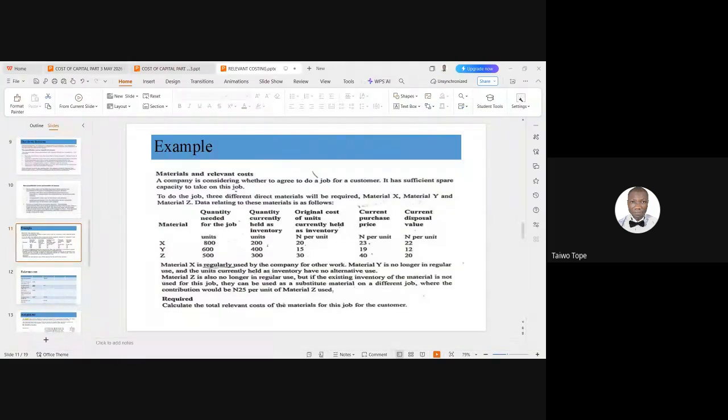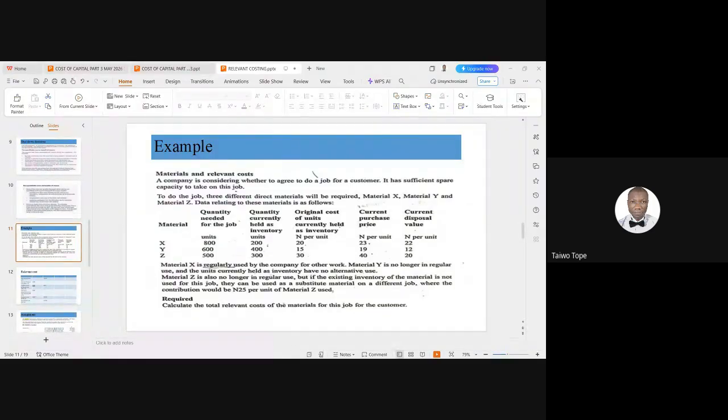That is, if you are using it in this production, what are you losing? If you are using the 400 in this production, what are you losing? The disposal, the cost of disposal.